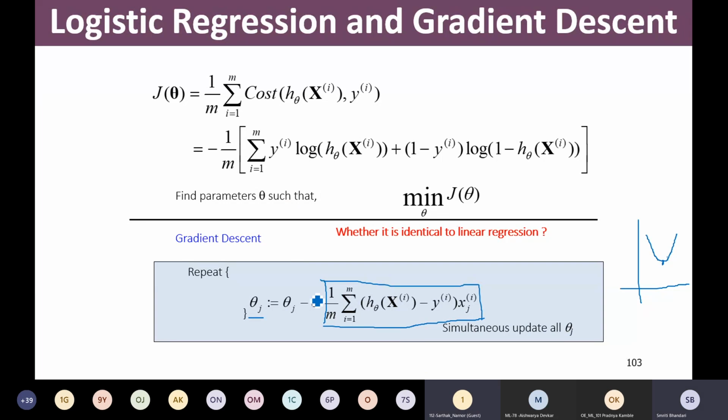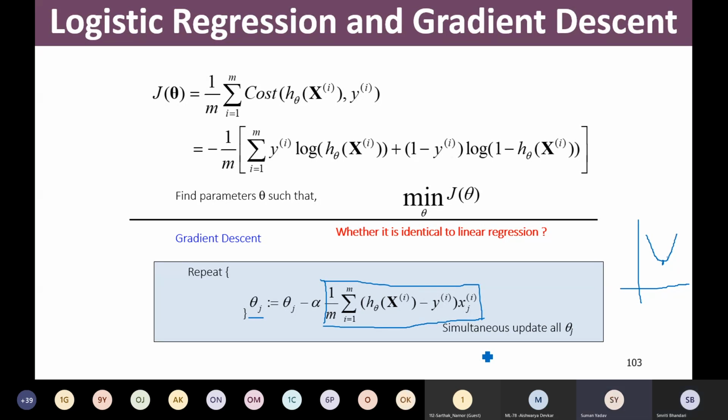But ultimately in my gradient descent, what I am getting is a similar kind of term. So shall we treat linear regression and logistic regression as identical or exactly the same, or are they different? And if different, why? If identical, why?